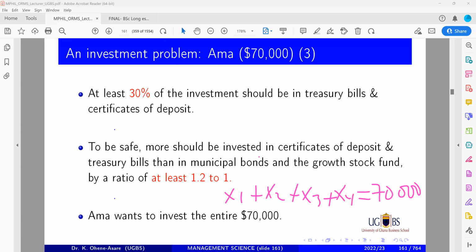Okay, fantastic. This last constraint is important. This last constraint has nothing to do with the non-negativity constraint. After you're done with everything, then you add your non-negativity constraint, which is x1, x2, x3, x4 greater or equal to 0.